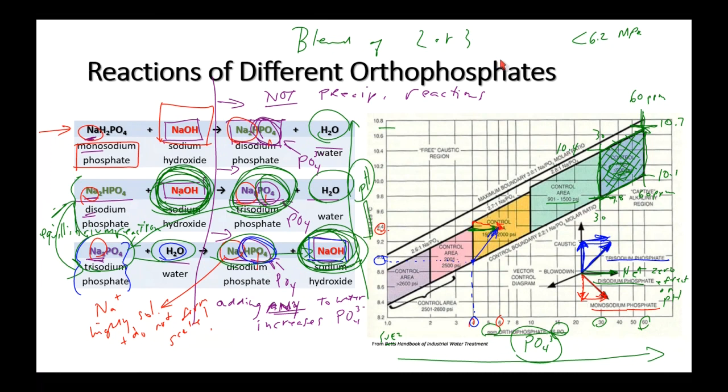And then a water treatment rep is going to say, how do we keep you in the sweet spot? We're going to keep you in the sweet spot by adding a blend, and each one of those phosphates is going to have a slightly different effect. What you got to get out of this is that monosodium decreases pH.